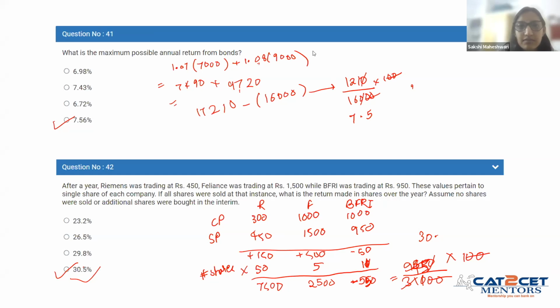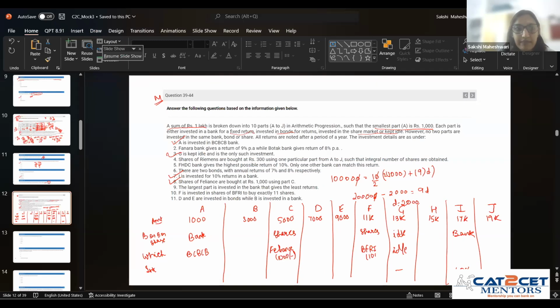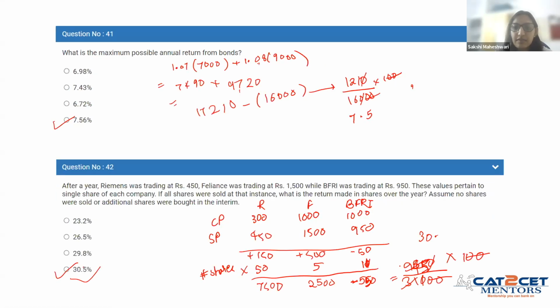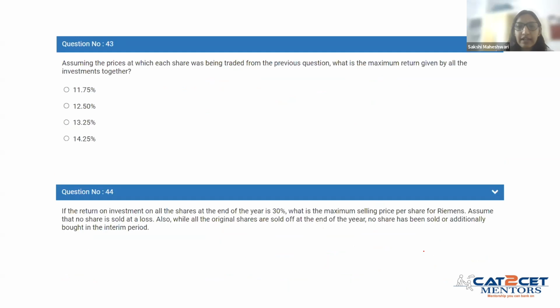Let's move. Now, assuming the prices at which each share was being traded from the previous question, maximum return given by all the investments together. So maximum return. See, from the shares we could get 9,450 plus.